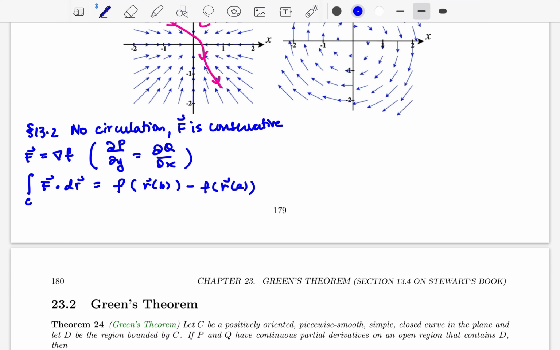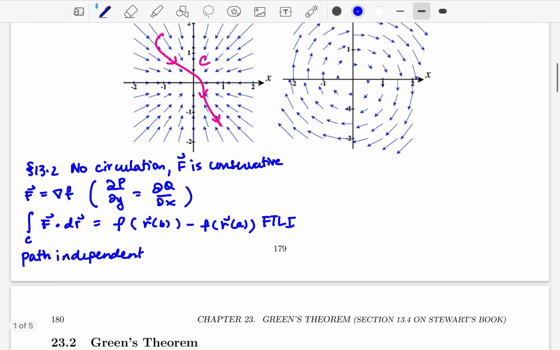And this is a big deal. It's just the fundamental theorem of calculus, right? But it's called the fundamental theorem of line integrals, which tells you that your line integral is path independent.